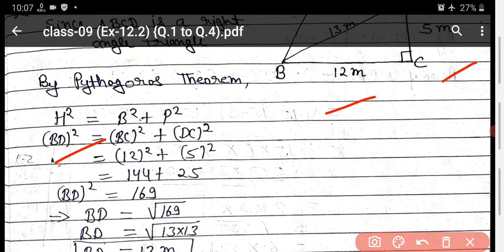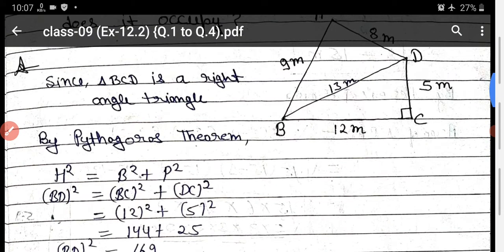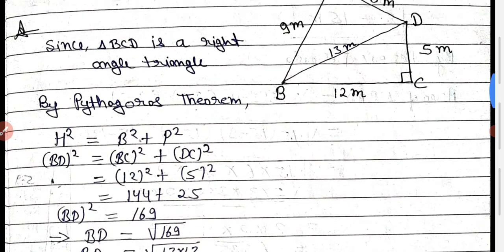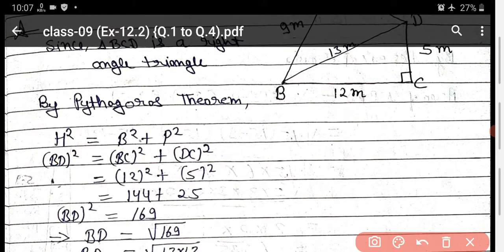So BD square is equal to BC square plus DC square. Now put the values 12 square and 5 square, because the value of the base is 12 and the value of the perpendicular is 5. Now 12 square is 144, 5 square is 25. When you add, it becomes 169. When this square goes to the other side it becomes under root, so BD is under root 169.